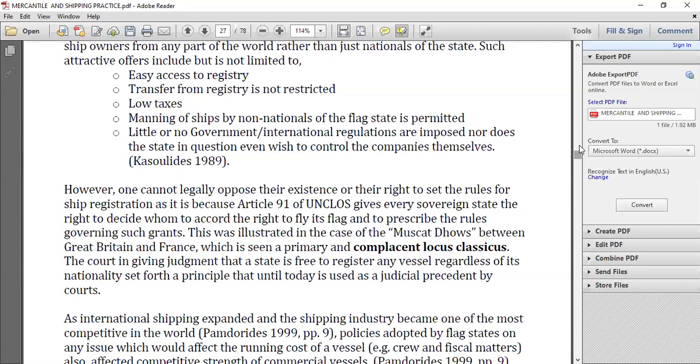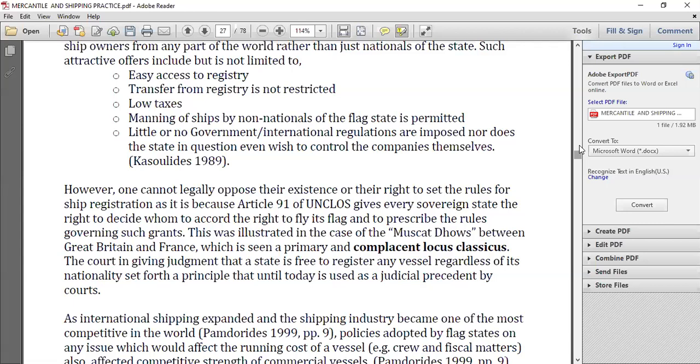This was illustrated in the case of the Muscat Dhow, between Great Britain and France, which is seen as a primary locus classicus. The court, in giving judgment that a state is free to register any vessel regardless of its nationality, set forth a principle that until today is used as a judicial precedent by the courts.